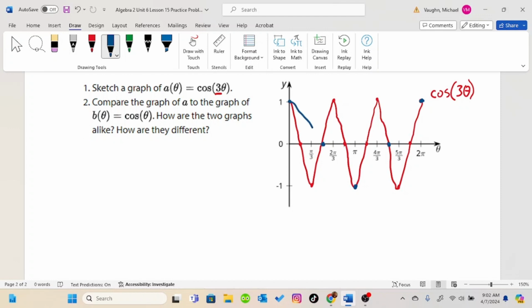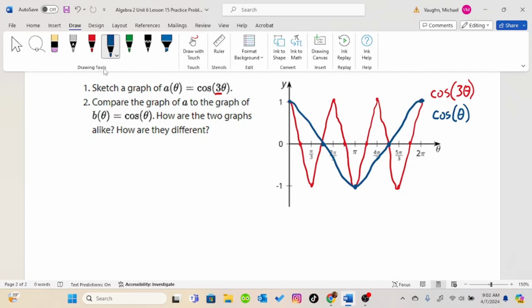And now we can connect these points. And the blue line is cosine of theta.